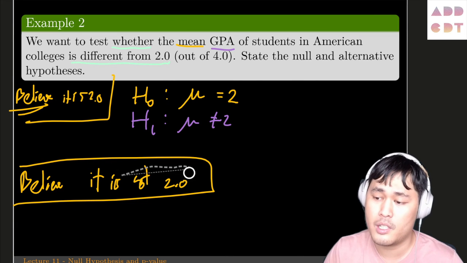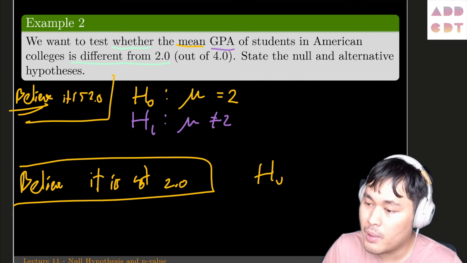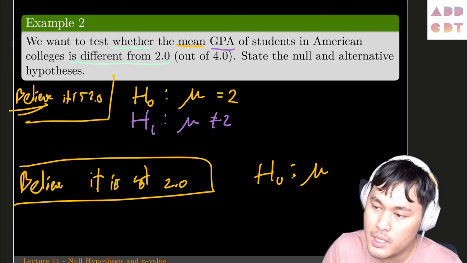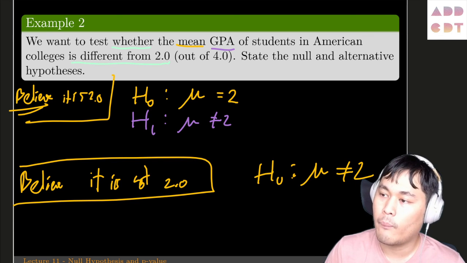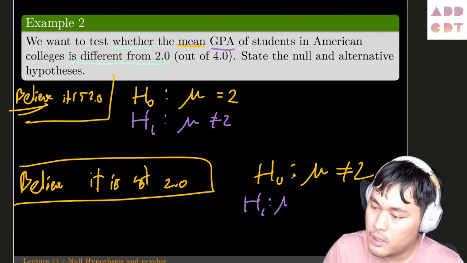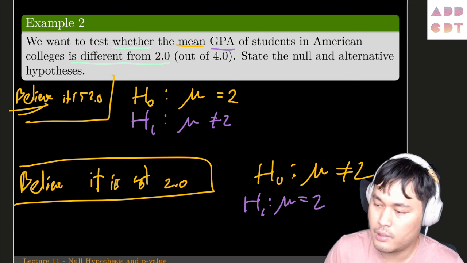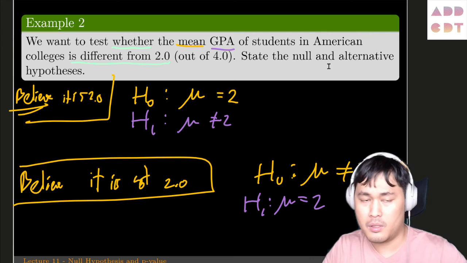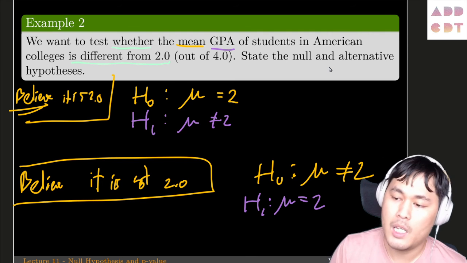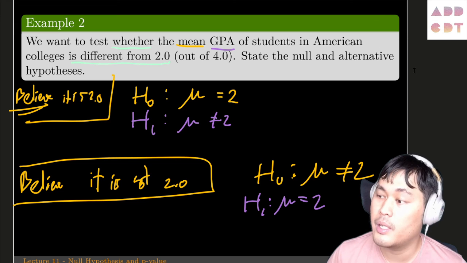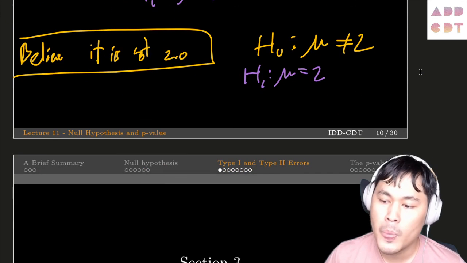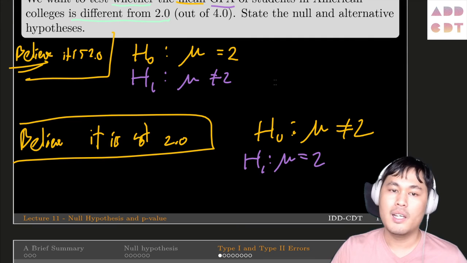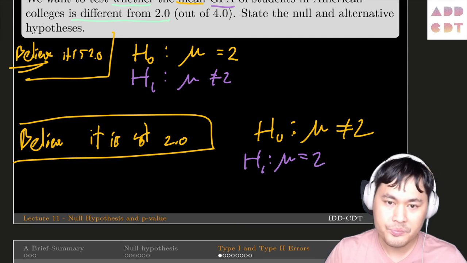If you believe it is not 2.0, then your null hypothesis would be that the population mean is not 2, and the alternative would be that the average is 2. Both work, but eventually they are going to give you different results based on the actual sample. So that's the first concept of the null hypothesis. Let's see why we have to do all these things.